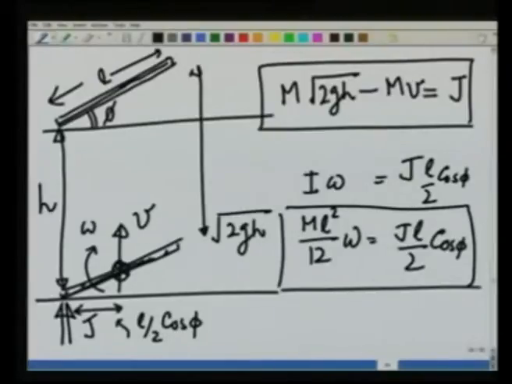I have 3 unknowns, v, omega and j. So I need one more equation, and that comes from energy conservation.